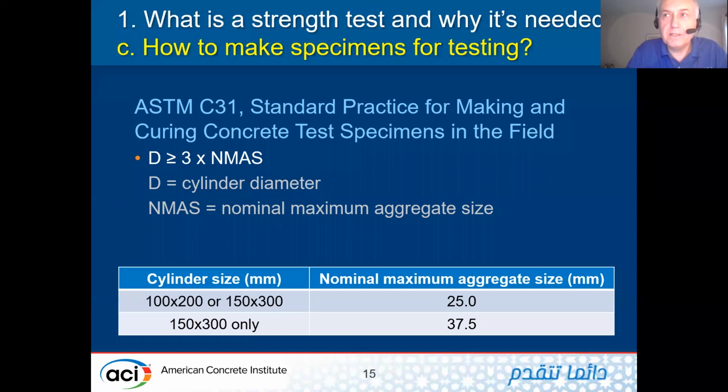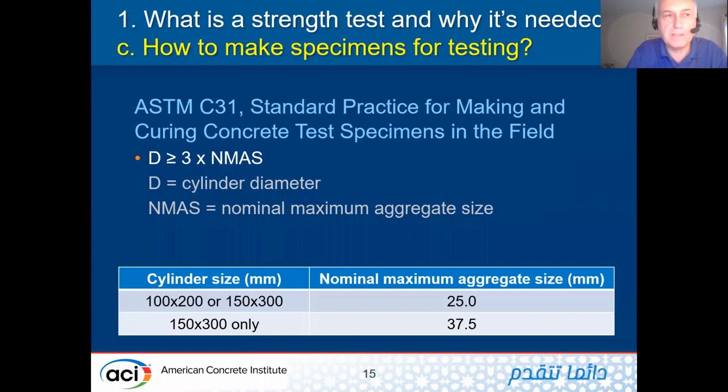And depending on your nominal maximum aggregate size in the concrete, you may use either smaller cylinders, 100 by 200, or 150 by 300. It's a decision typically made by a structural engineer or the person preparing specifications for the job. And if it is a larger nominal aggregate size, you use 150 by 300.